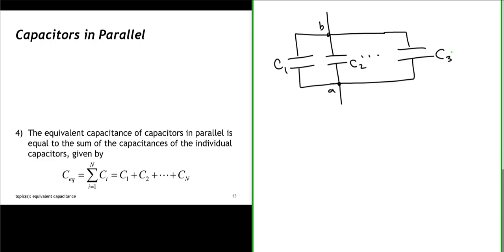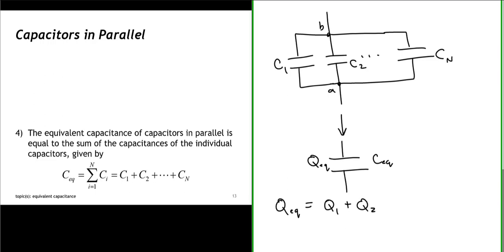Now, let's use the fact that we can replace this combination of parallel capacitors with a single equivalent capacitor, and the charge on this equivalent capacitor is equal to the sum of the charges on each of the individual capacitors.